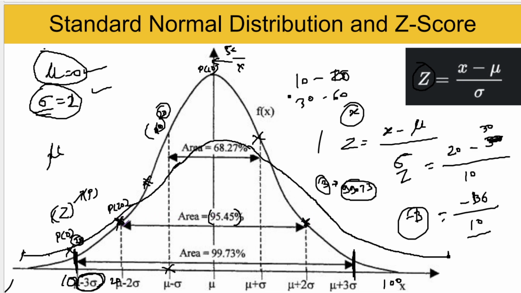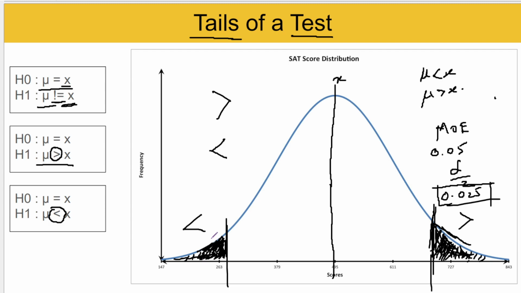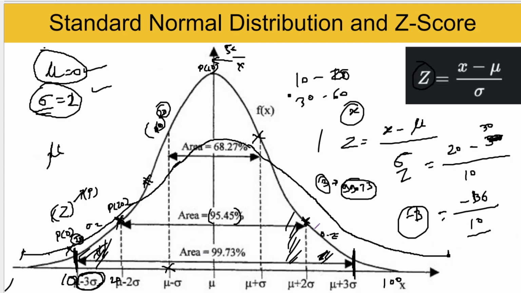It means all my data up to 95.45% is going to reside within this. The remaining 0.25 is going to be here, and the remaining 0.25 is going to be here. This is what I was saying about the tails. We are going to reject the data that comes here.